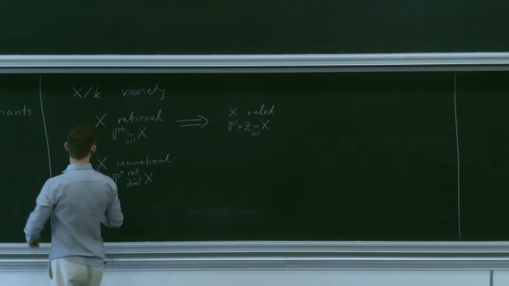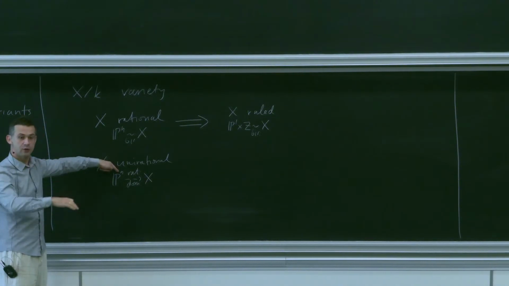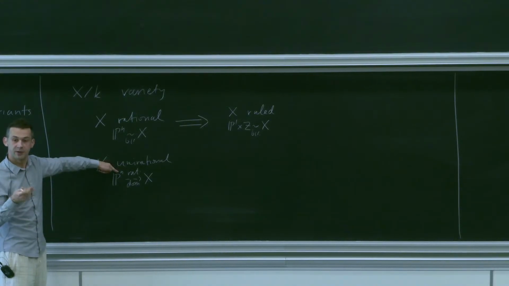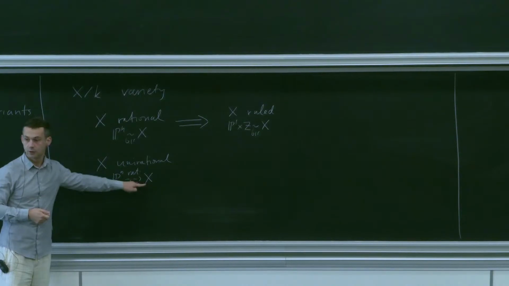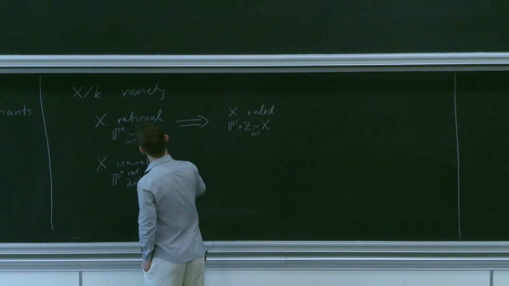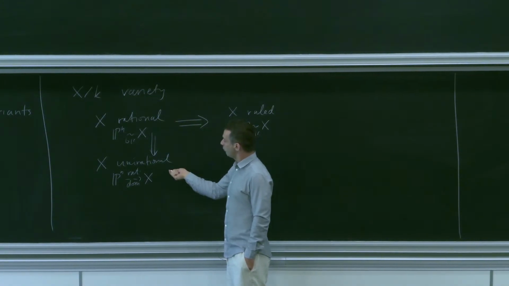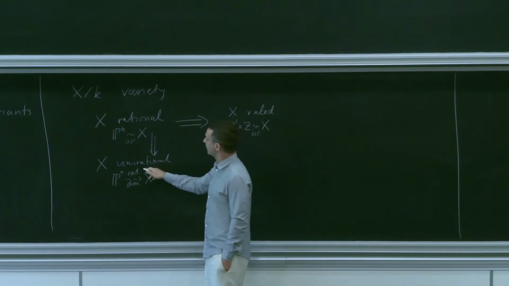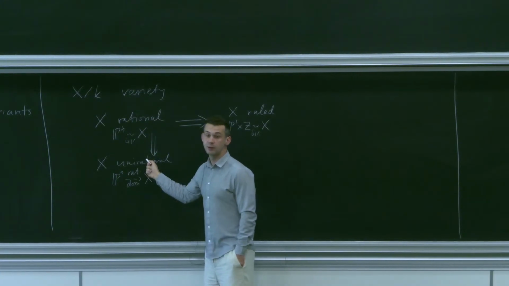You can even make this weaker: you can ask for a higher dimensional projective space dominating your variety, but then you can take hyperplane sections and go down to the dimension of X. This is an implication, and the cubic threefold mentioned yesterday is an example of the other implication failing. It was unirational but not rational. So a strict implication.